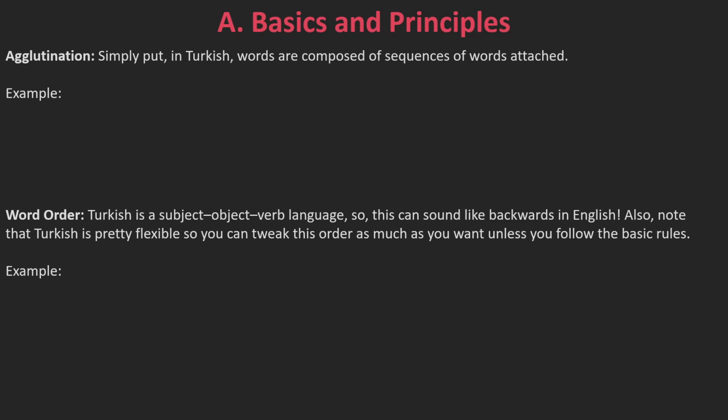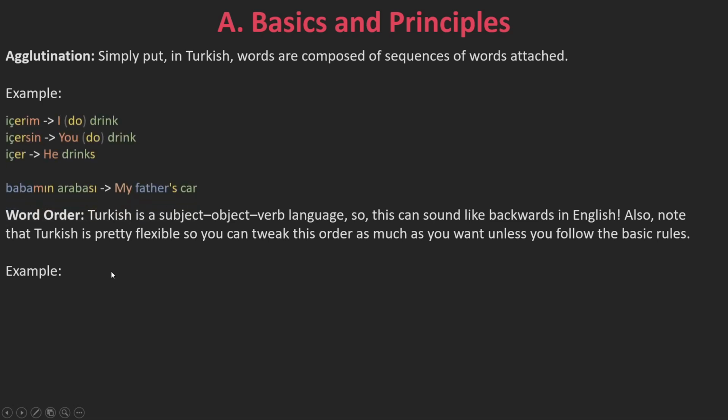And in order to form your own sentences, you need to understand how the grammar is formed. That's the key, agglutination: basically attaching suffixes to nouns, adjectives, or verbs to make a new meaning out of them.